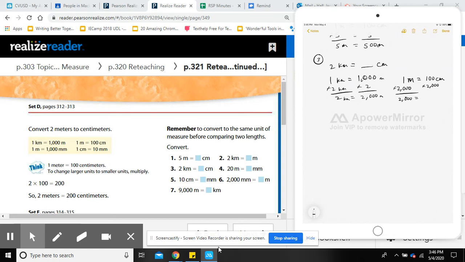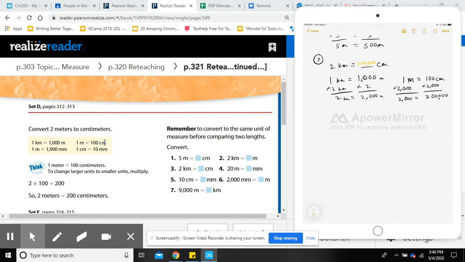And what I'm going to do is use my basic fact. 1 times 2 is 2. And then I have 1, 2, 3, 4, 5 zeros. 5 zeros that I'm working with. And put my comma in. So then 2 kilometers is equal to 200,000 centimeters. So here we were not given the conversion from kilometers to centimeters. So I had to go from kilometers to meters and then from meters to centimeters. And sometimes you have to do that, okay?